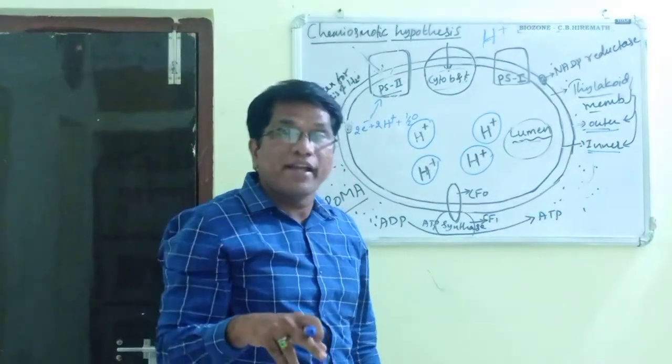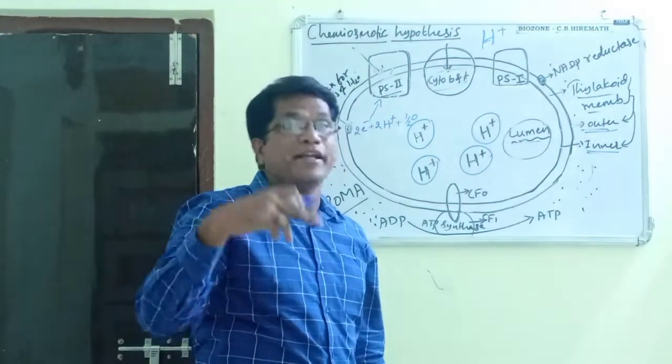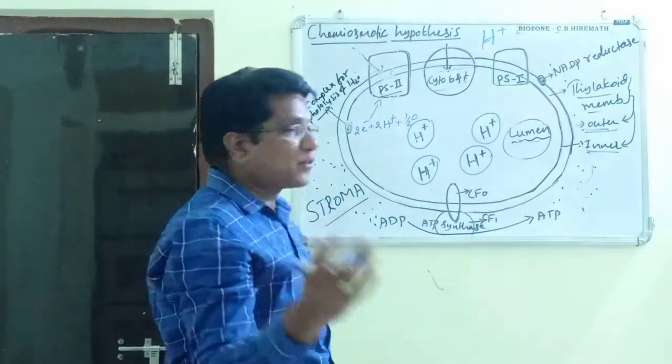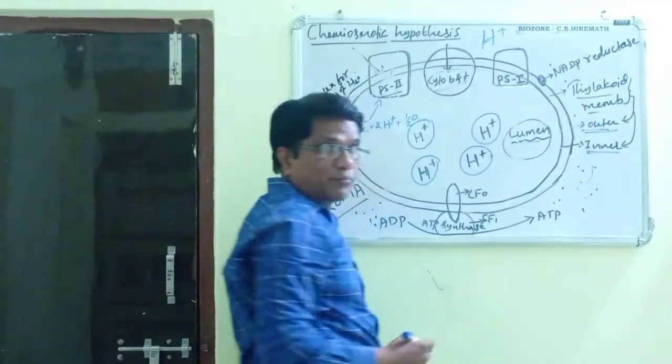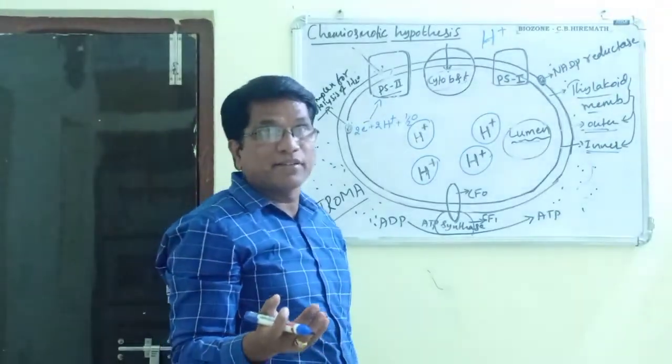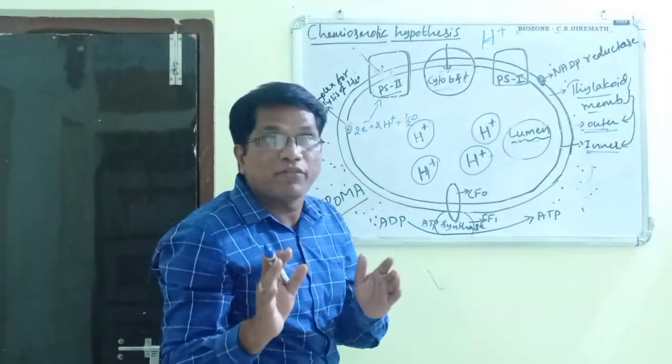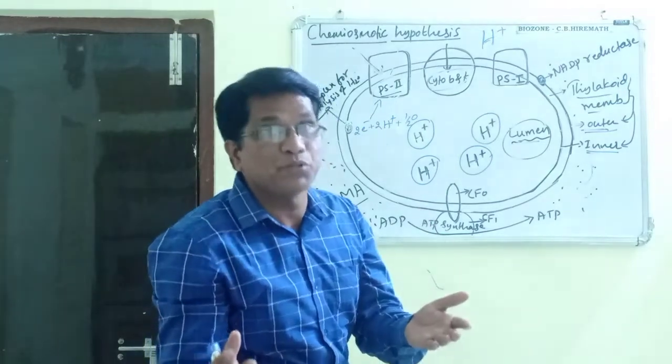For this reduction, two electrons are necessary, and those electrons come from the electron carriers, and two protons are also necessary.